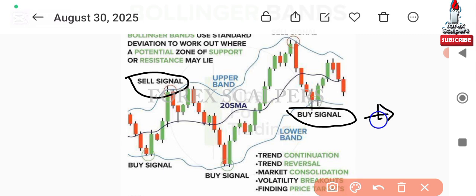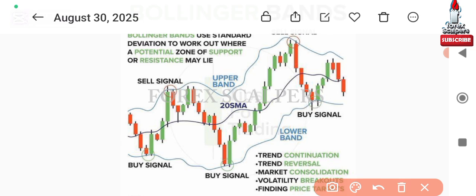All of this must be in compliance with the direction of the market, not just in isolation. And then after that, that is when these signals will now become valid as your additional entry confirmation.